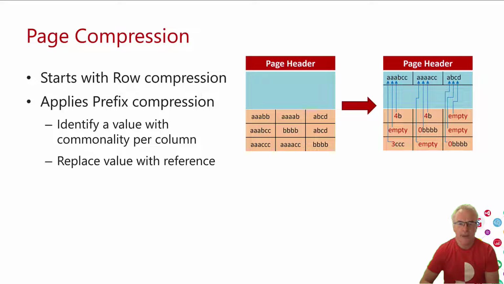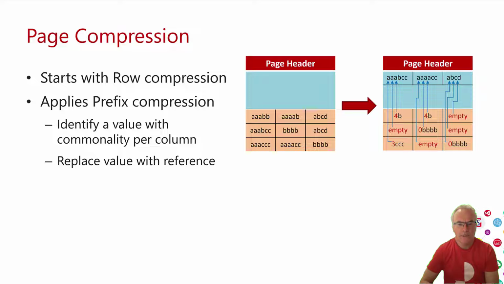However, that first value only has the same characters in the first 4 columns. So in this example, it stored 4 as saying it's taking 4 of the prefix from there and then leaving the other one behind. Where it's got an exact match, it's able to store an empty string on there as well.